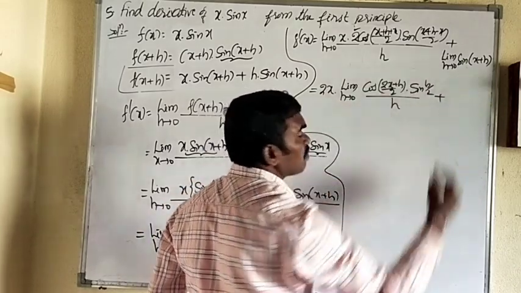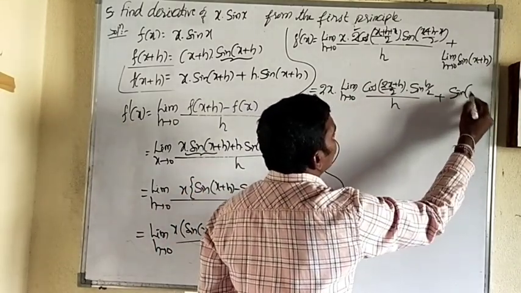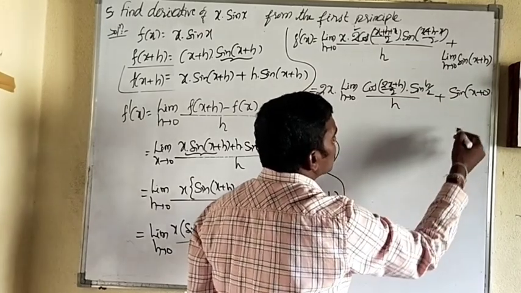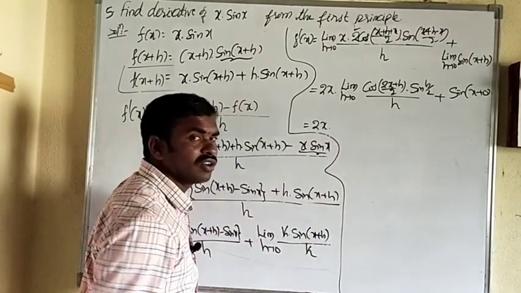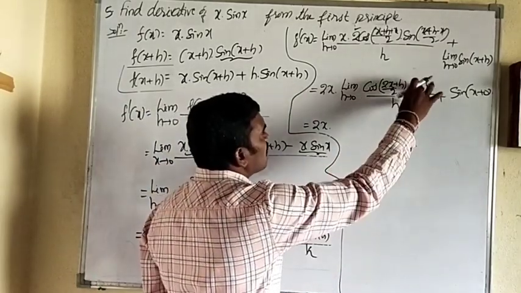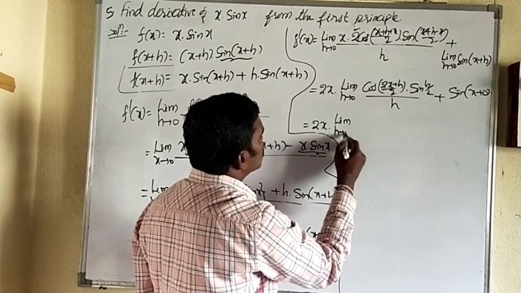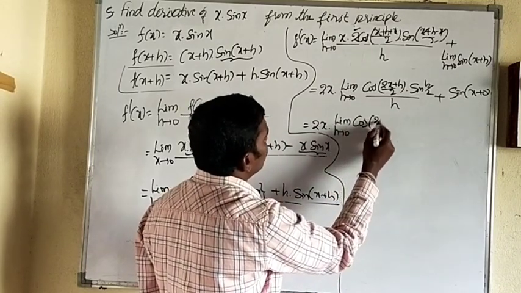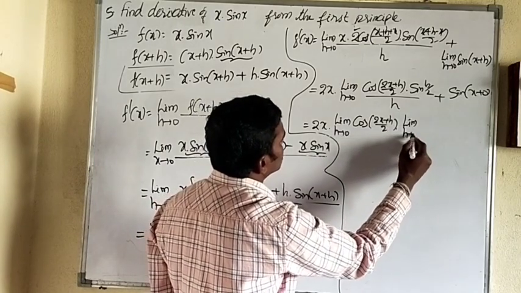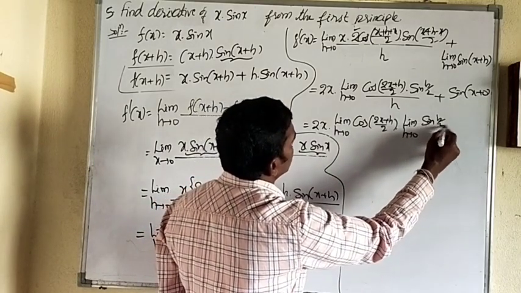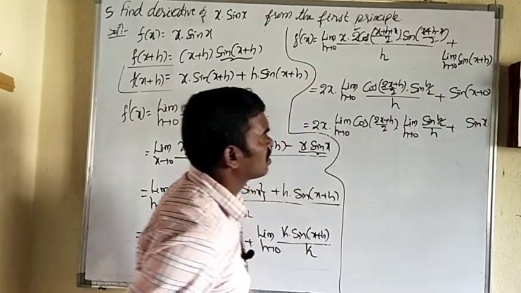plus, see, the limit applies there, we write h value 0, so we get sin of x plus 0. So in the next step, of course, we get sin x. That is 2x into, here also I am applying the limit for cos and sin h by 2 by h separately. So limit h tends to 0 of cos of (2x plus h) by 2, into limit h tends to 0 of sin of h by 2 by h, plus by substituting that we get sin x.